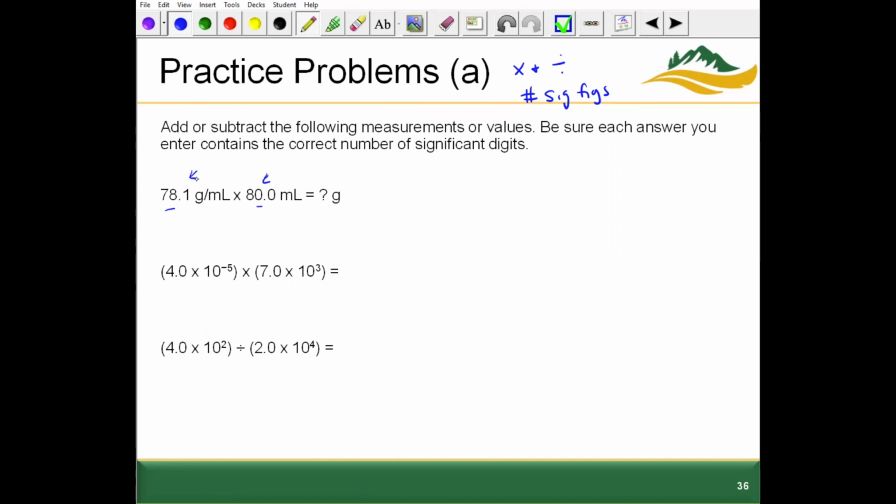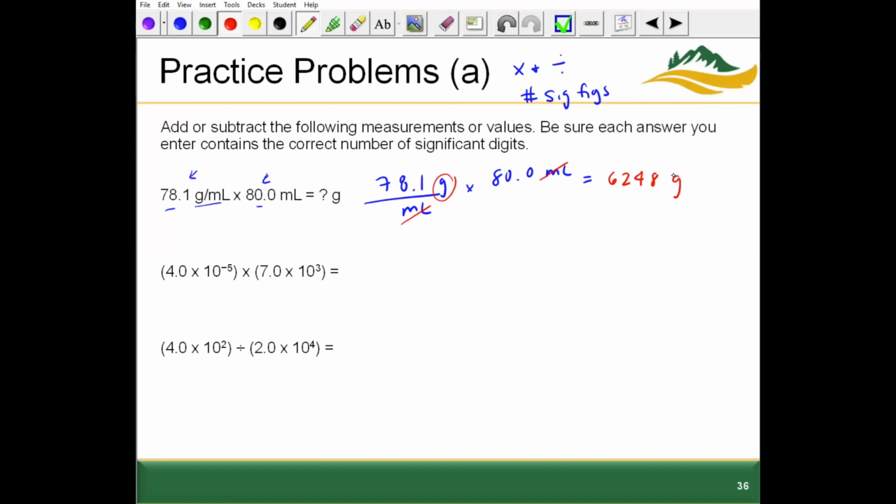So for this first one, I'm going to rewrite this just a little bit for ourselves. We know that grams per milliliter can really be written as this fraction times 80.0 milliliters. That means as far as units at least, it does make sense that milliliters and milliliters cancel out, and then we just have grams in the end. Now when we do the multiplication for that, we will get 6248 grams.